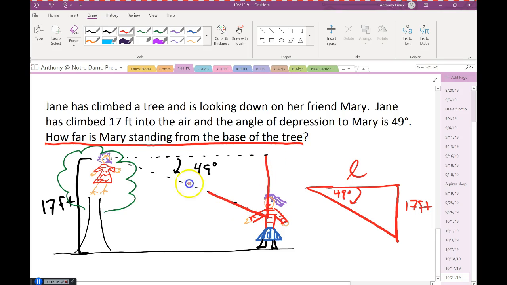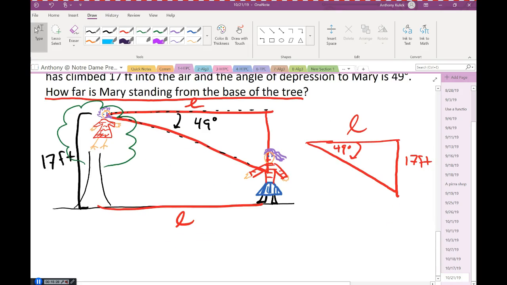So this distance here would be the same as this distance here, right? Everybody agree with that? I agree with that. Okay. So what are we going to use to solve this?